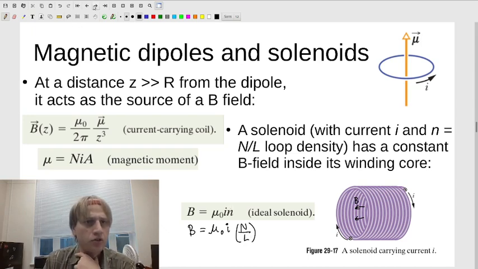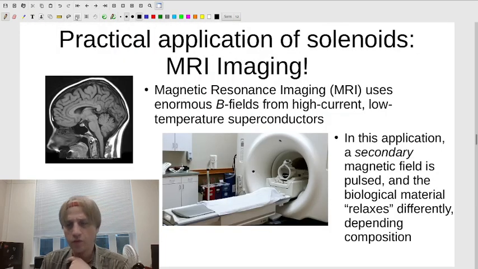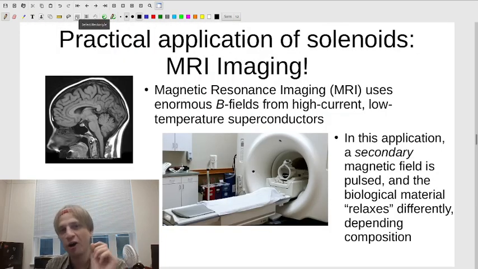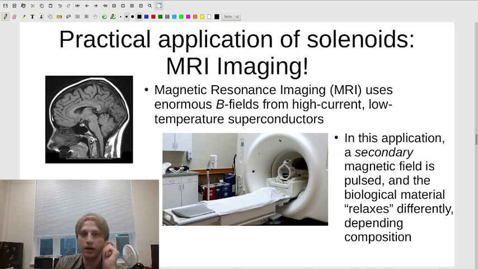So I thought it'd be worth us realizing that there are practical applications of solenoids. For instance, if you've ever seen an MRI, they have an enormous magnetic field caused by high current, low temperature superconductors. What's special about this is that instead of having the same magnetic field everywhere, you get a secondary magnetic field that's pulsed.